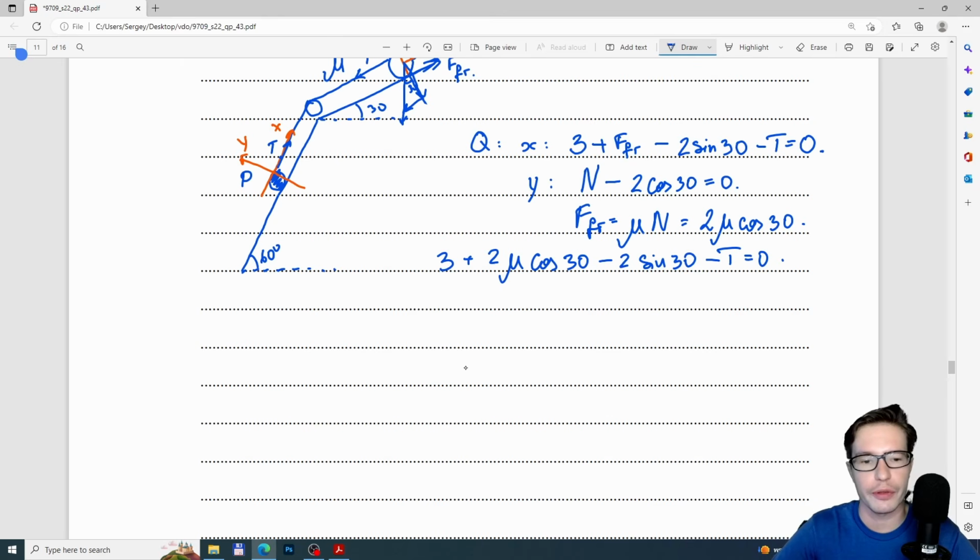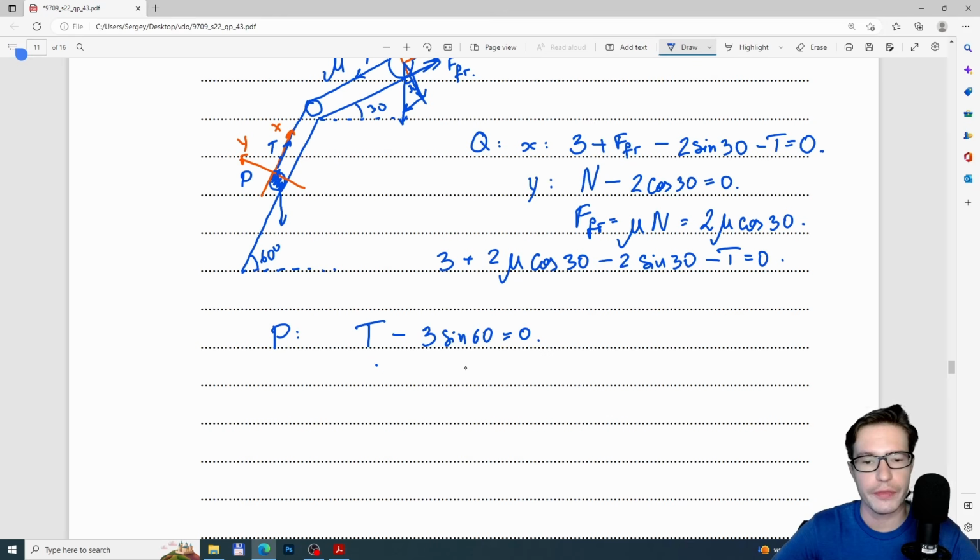Okay, now let's have a look at particle P. Here everything is a bit easier. We've got the force of tension, and in the opposite direction acts the x component of the weight. The weight is 3 newtons, so it's T minus 3 sine 60.